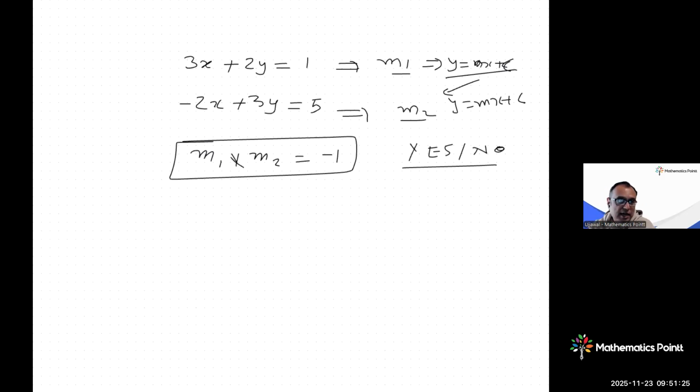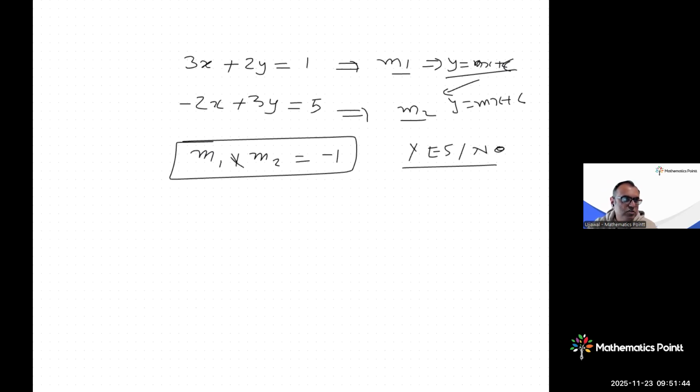Whether they're perpendicular or not, I just made them up on the fly. A lot of you are saying not perpendicular. Okay, let's try.